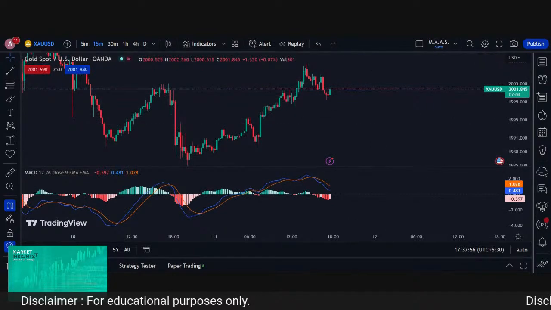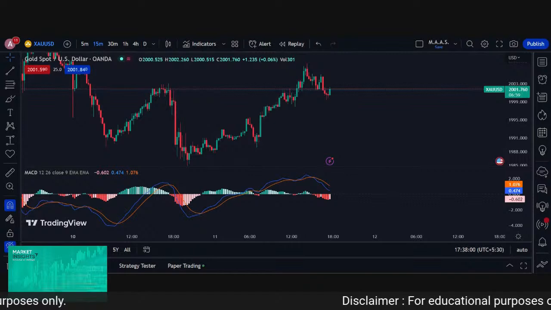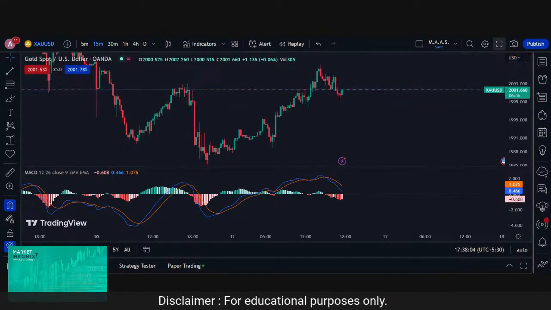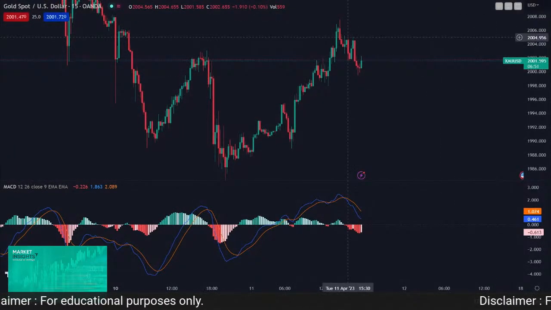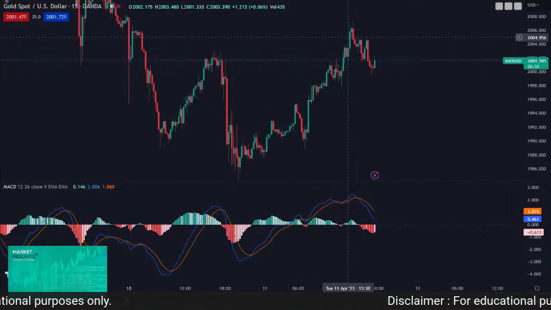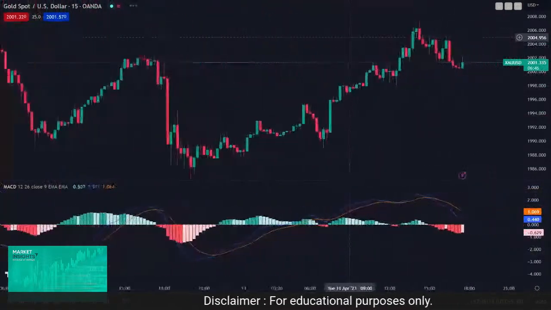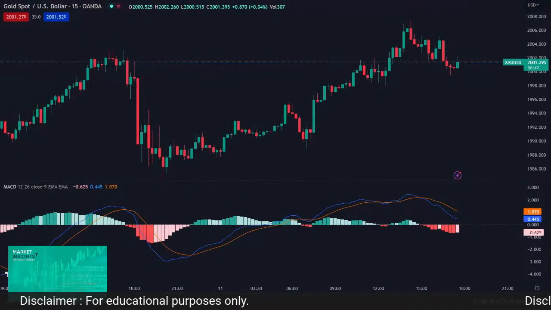Why is the screen so small? Let me sort it out. There is some issue with the screen, I suppose.